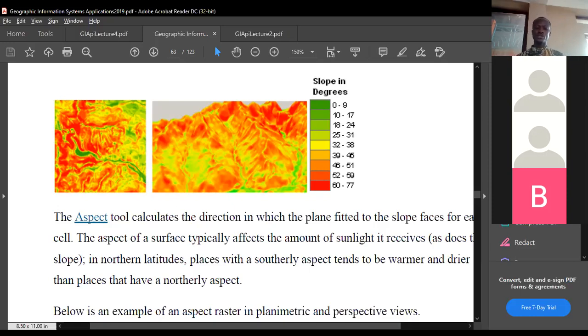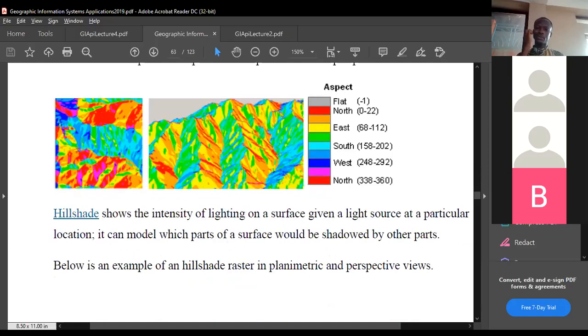All right, so it looks like this. Here, when you see a color which is ash, it means the place is flat. When you see a color that looks like mauve, it means you are pointing towards the north, somewhere between west and north, so northwest.